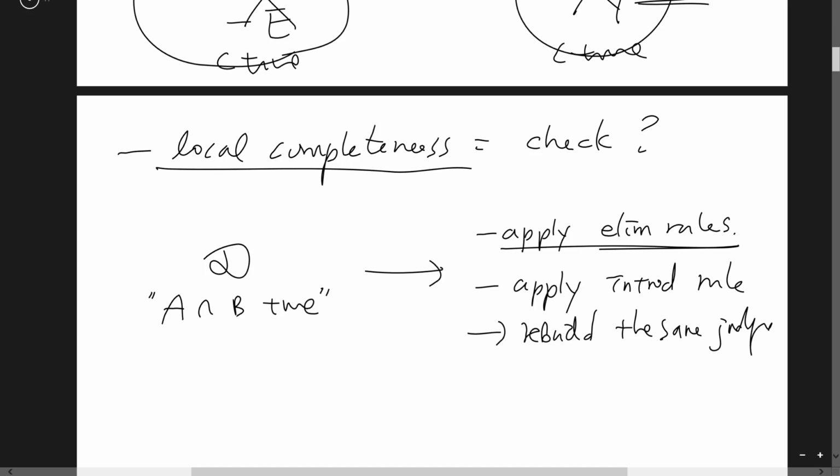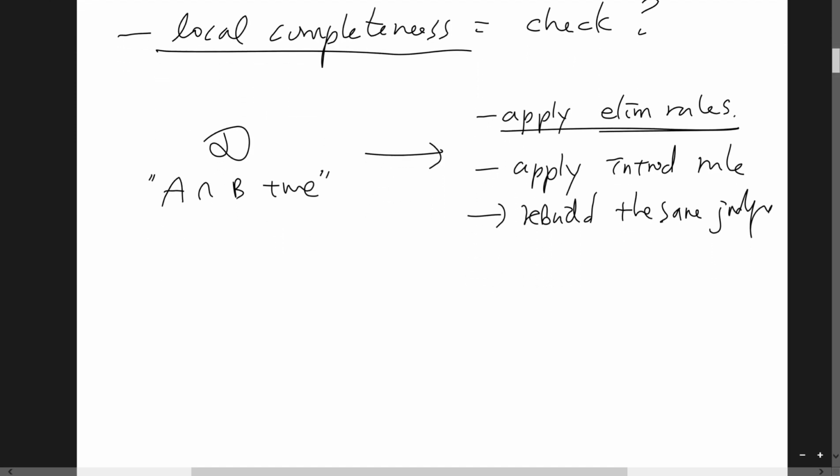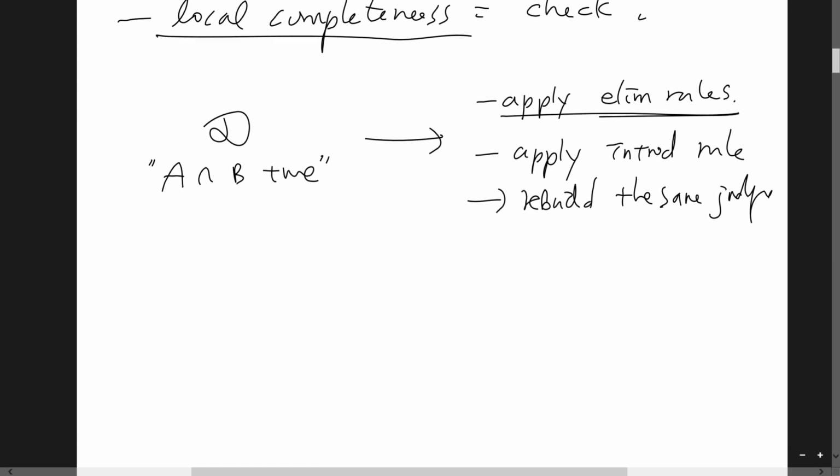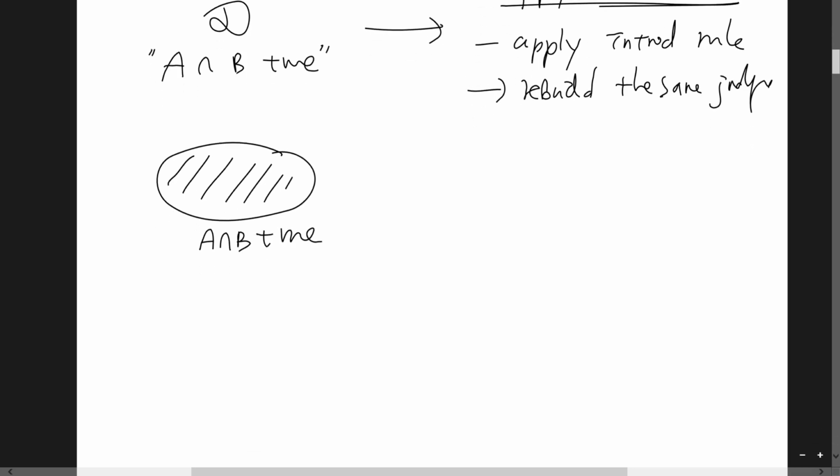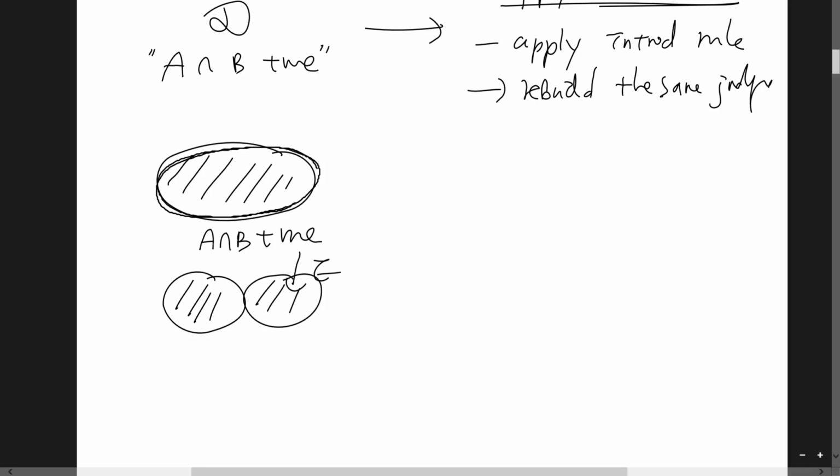So the idea goes like this one. Suppose that you start with this amount of information, and then this information has been compressed into A conjunction B true. And if these elimination rules are strong enough, then by applying these elimination rules, we should be able to retrieve the entire information that we started with.